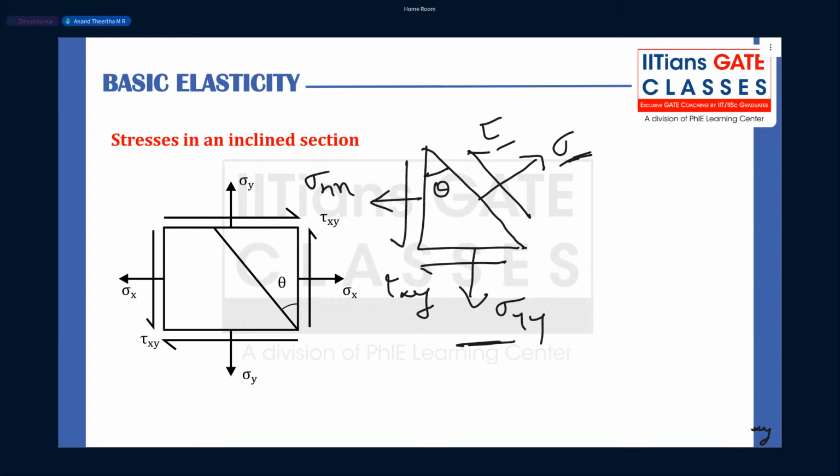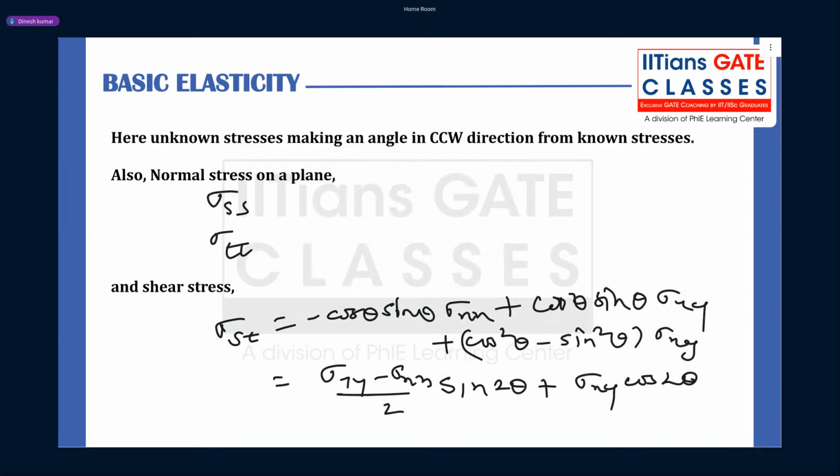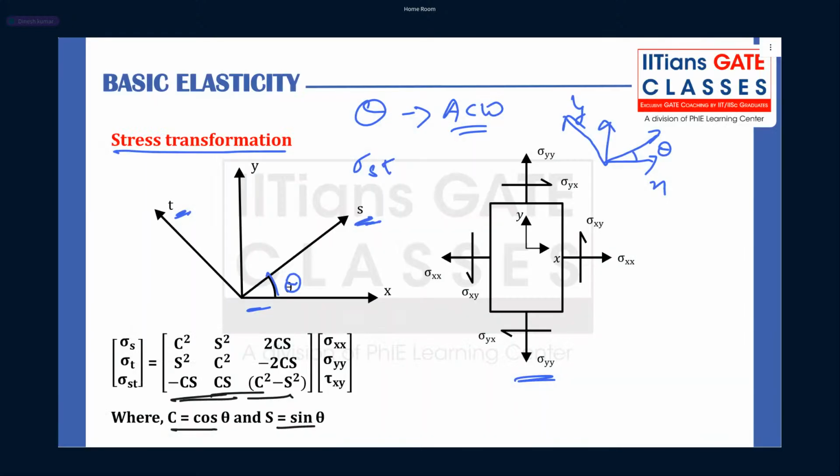Sigma T, sir. Why is it sigma T? Think and tell. Is this the T direction? Let me draw the rotated plane here also.